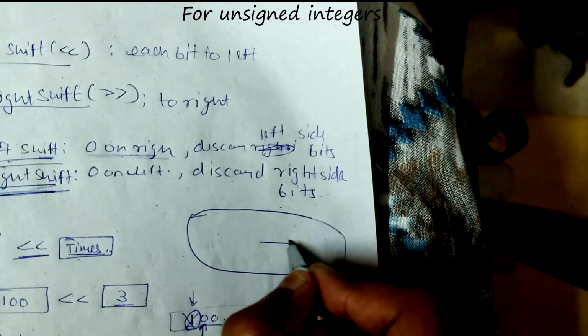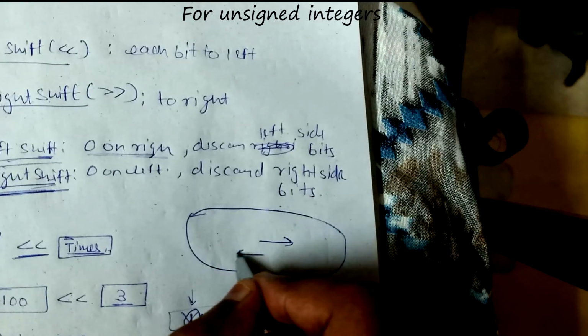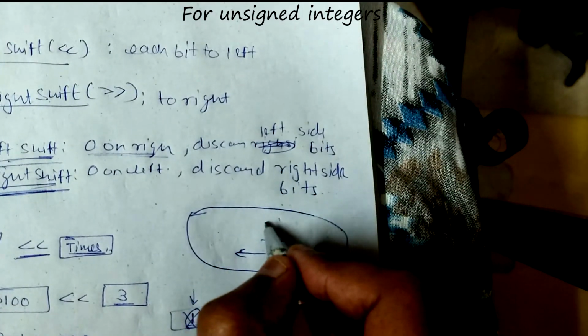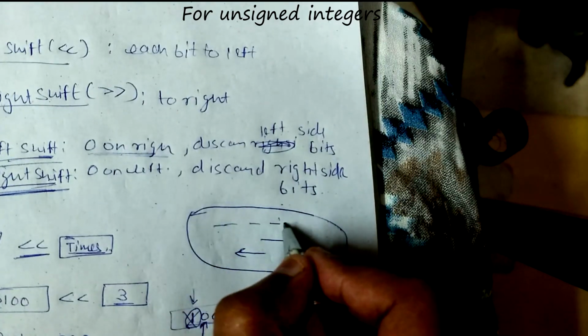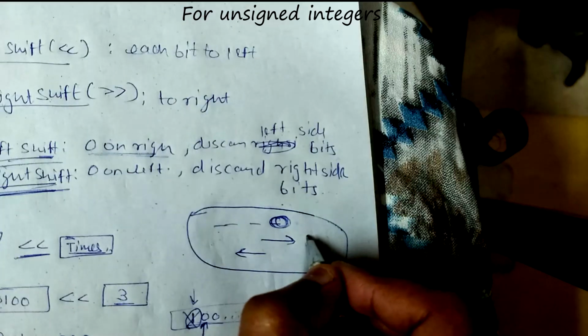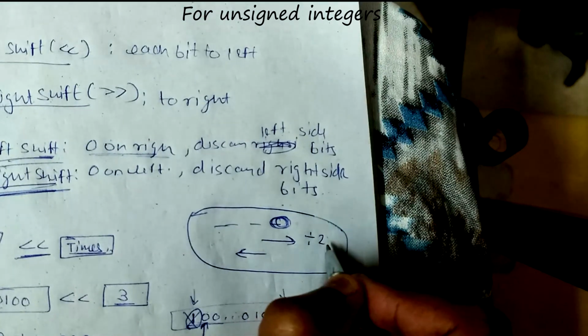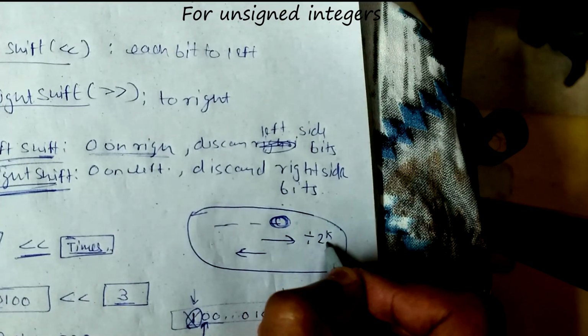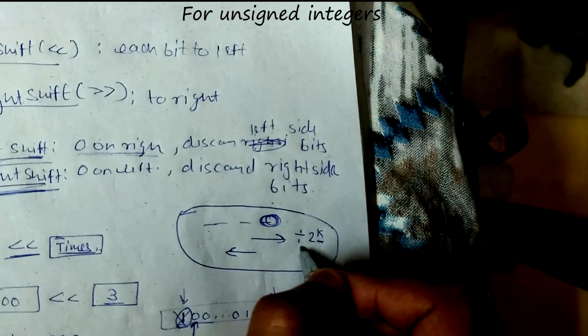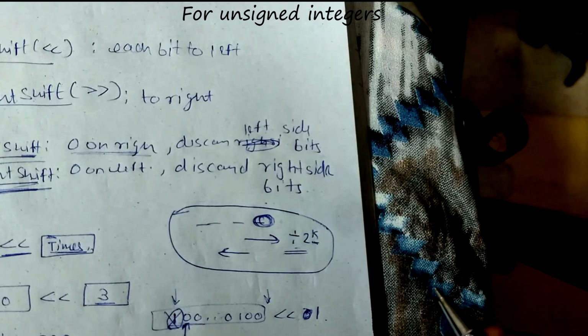It's just that we shift this side instead of that side, and we discard the rightmost bit, so that has the same effect as dividing by 2 to the power k. If we shift it k times, it has the same effect as dividing by 2 to the power k.